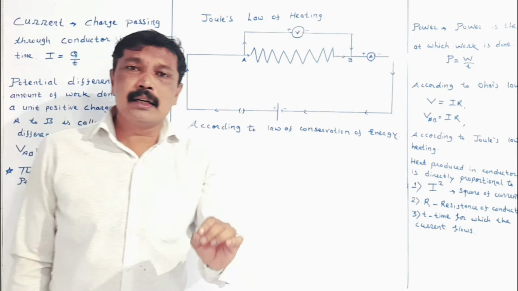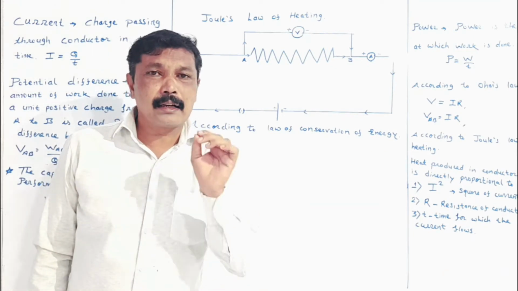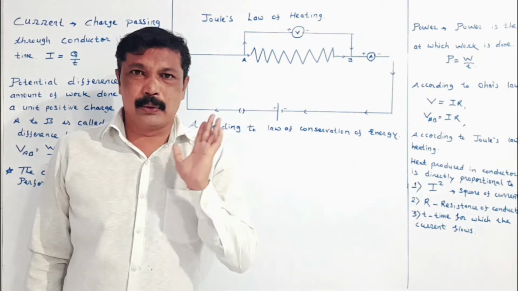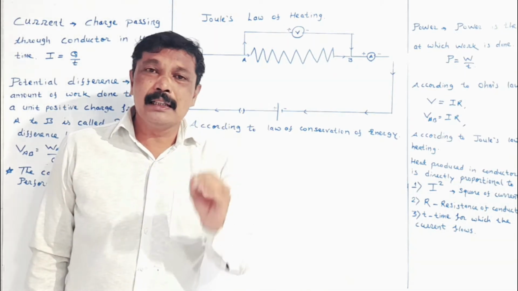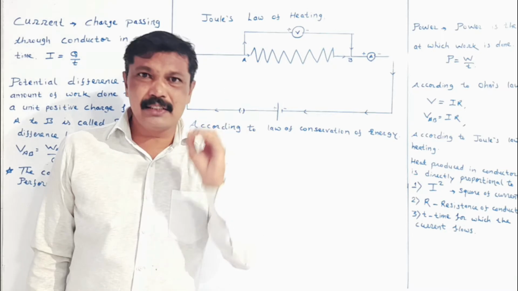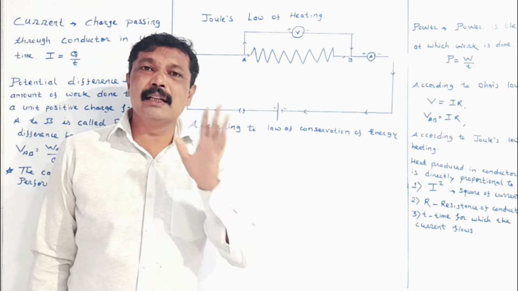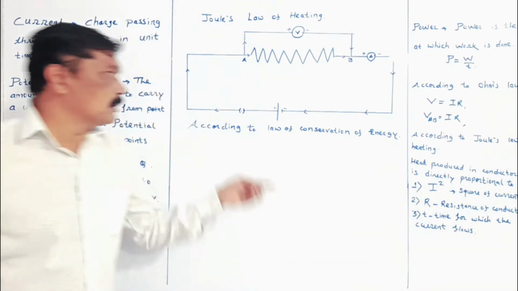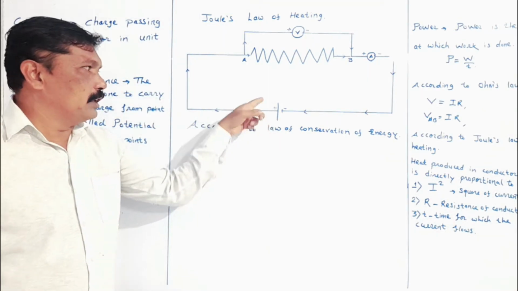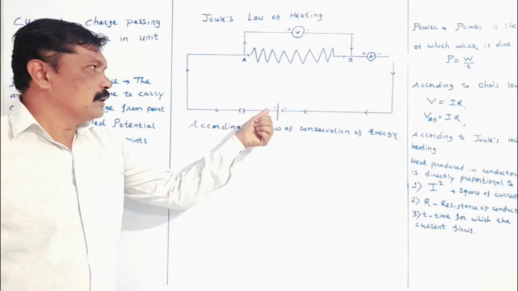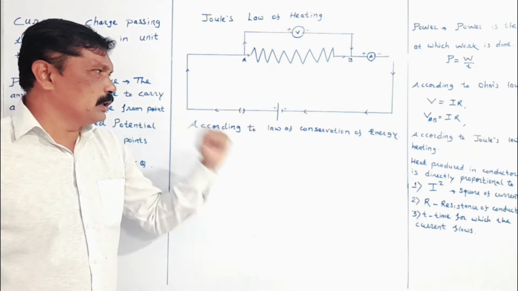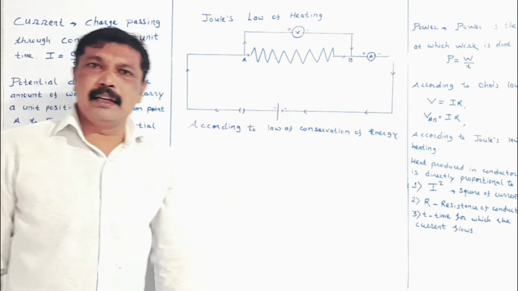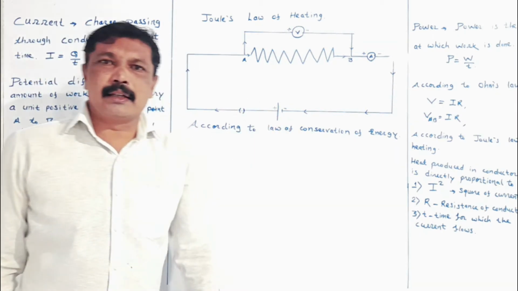You know that the cell consists of two terminals, positive terminal and negative terminal. The positive terminal is said to be at high potential and the negative terminal at low potential. The line with a greater length is denoted as the positive terminal and the line with a smaller length is the negative terminal.